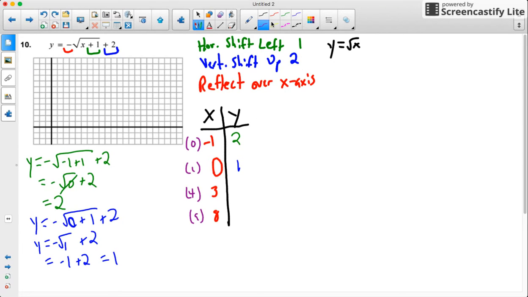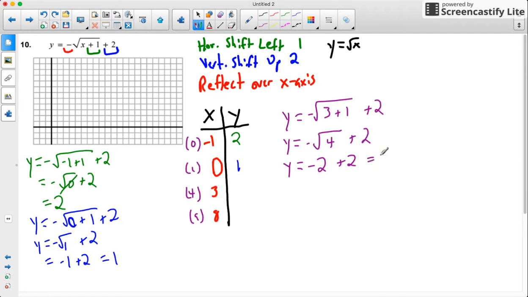Let's see. Next up, let's do the next point. I've got y is equal to the negative square root of 3, using this x value here, 3 plus 1 plus 2. So I have y equals the negative square root of 4 plus 2. Square root of 4 is 2, so this is going to be a negative 2 plus 2, which is equal to 0. Here's my next y value.